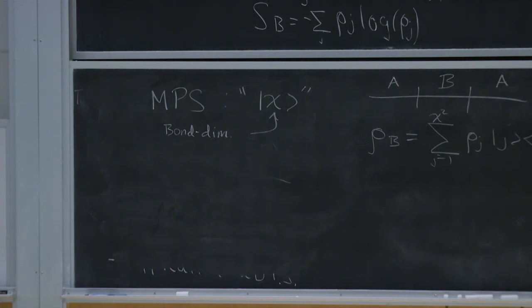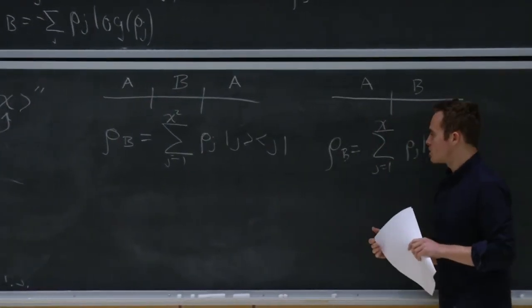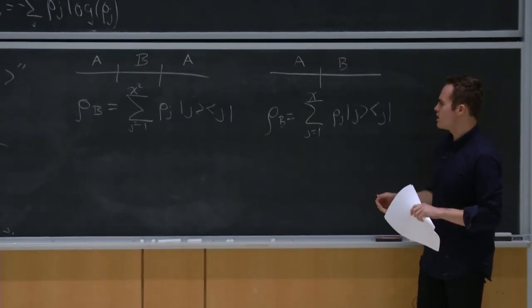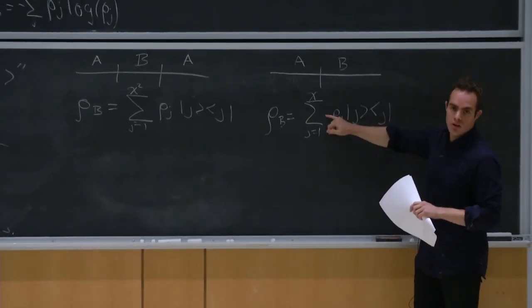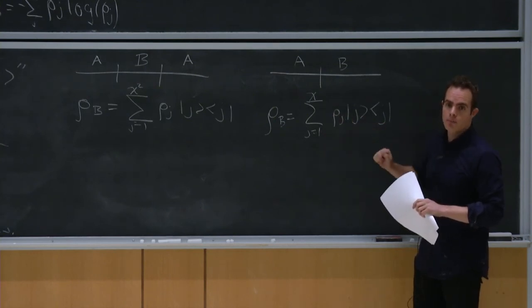These are very special because generically, when you look at these density matrices, the p_j decrease in magnitude for large j, but generically there's still an infinite number of them. Matrix product states are very special because with a bond dimension chi matrix product state, there will be no more than chi eigenvalues in the density matrix.